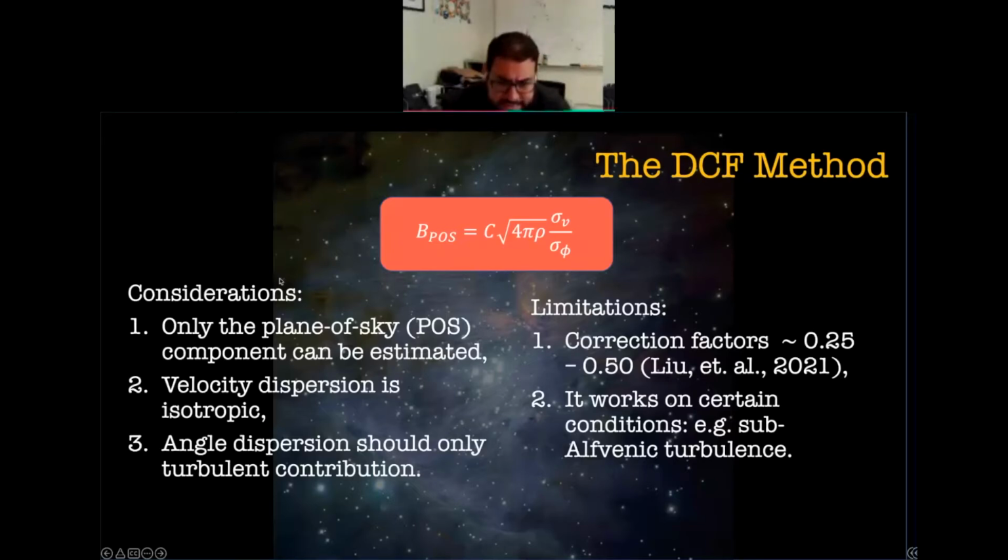Indeed, the DCF approximation will not work if your three-dimensional magnetic field is really close to the line of sight.